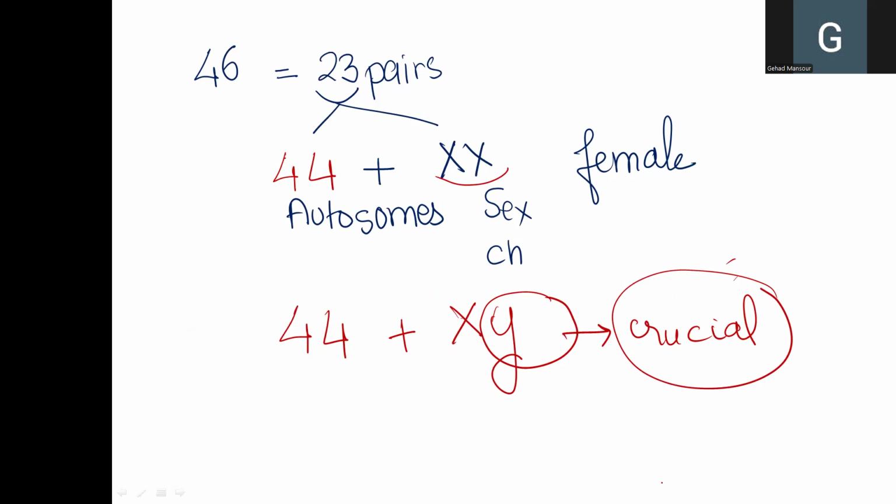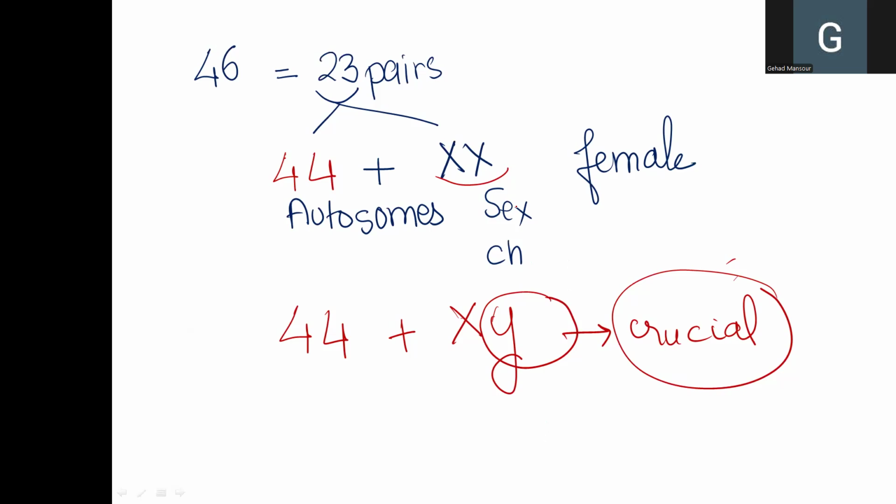Why am I saying this? Because if you find the Y, even if besides it you have 2X or 3X, which are of course abnormal chromosomal structures, despite the greater number of X chromosomes, the individual will still be considered a male.